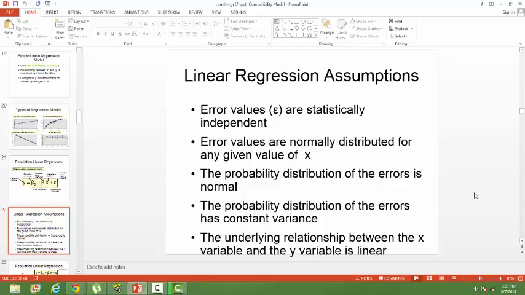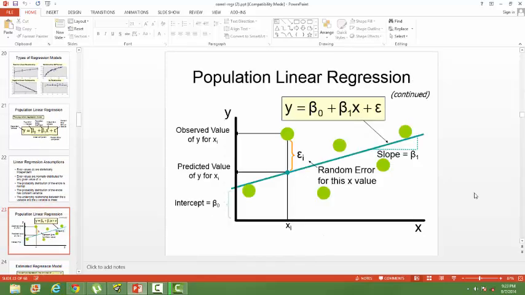And then the relationship between x and y should be linear in nature. That means all you can do in linear regression is plot a straight line. You cannot have a regression line that is curvilinear in nature, or a curve. So make sure that you have a linear relationship in place between x and y.